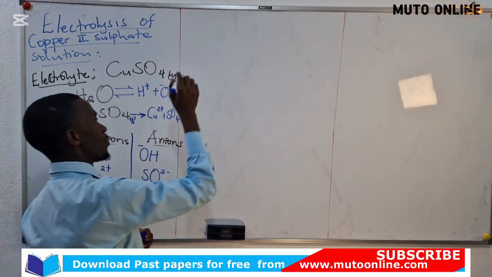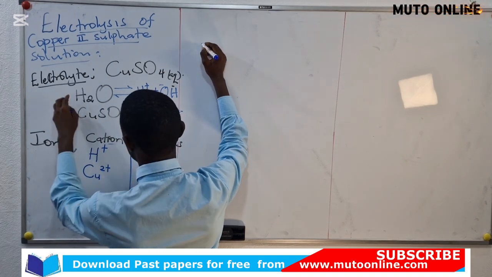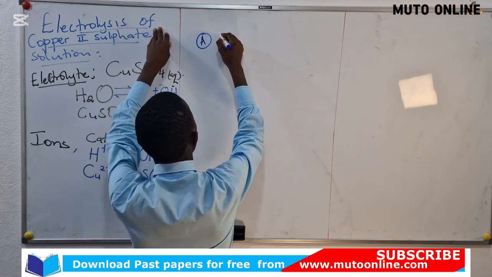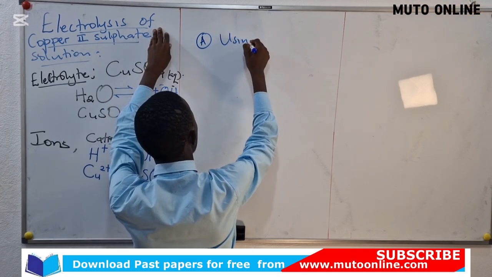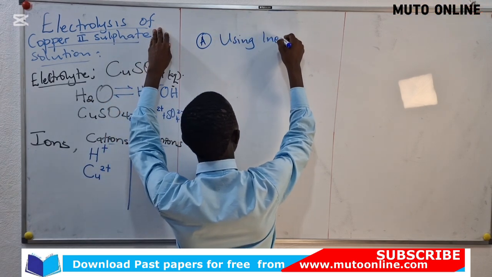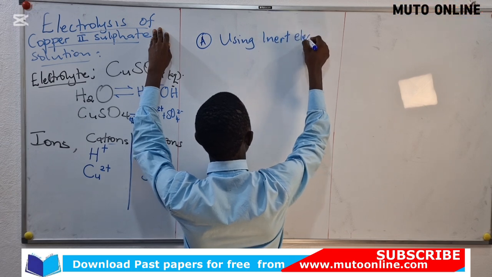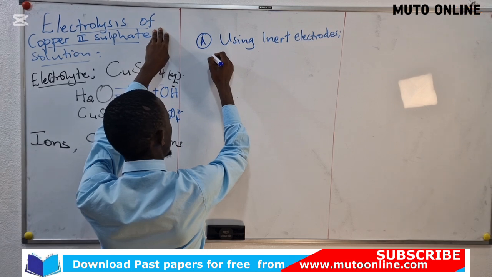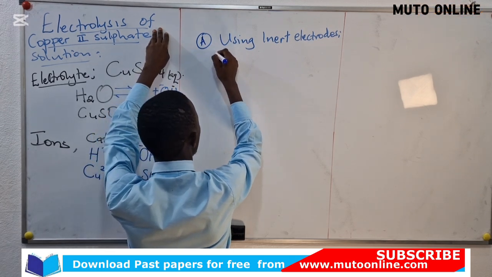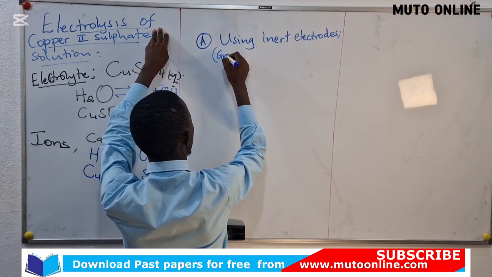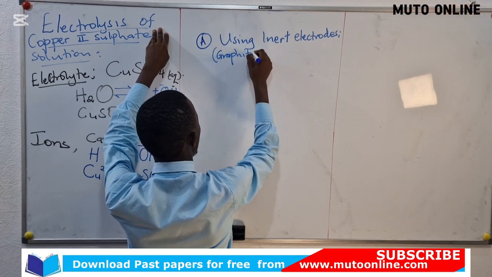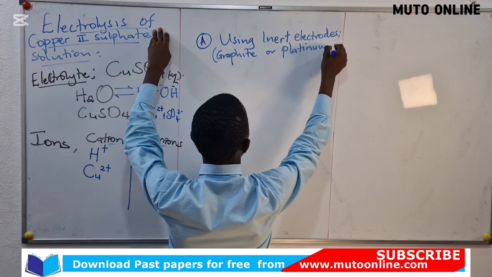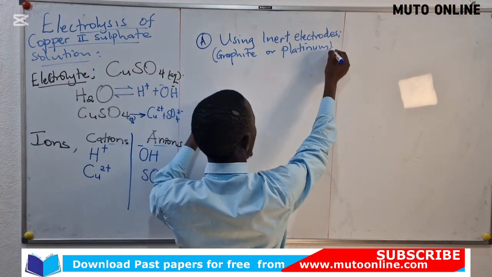So we have two kinds of electrolysis. One, when using inert electrodes, that is either graphite or platinum as the electrodes.